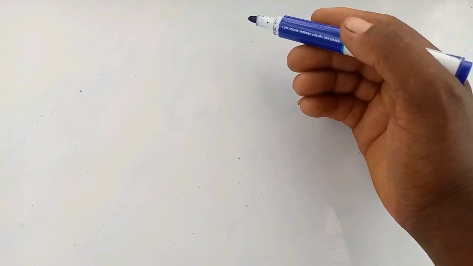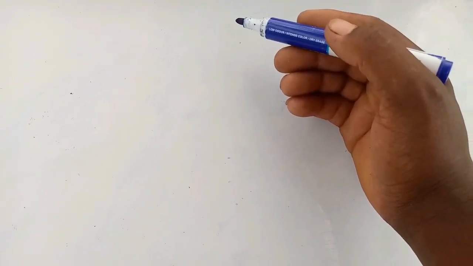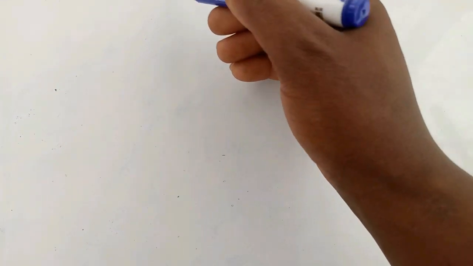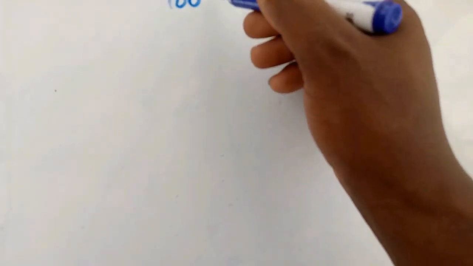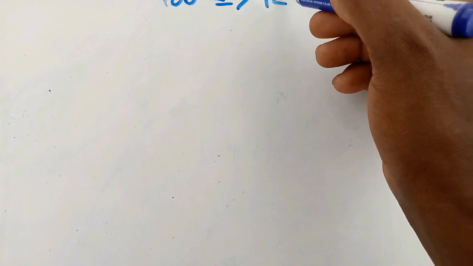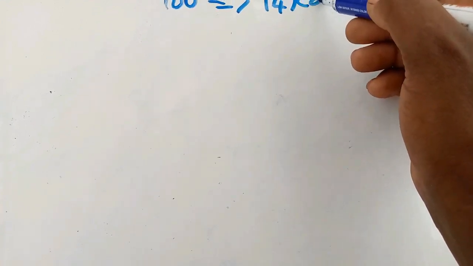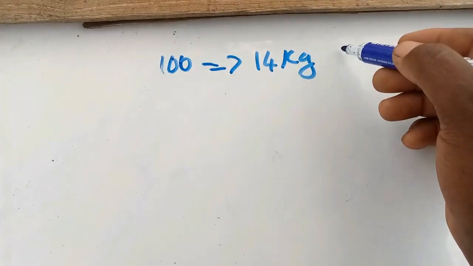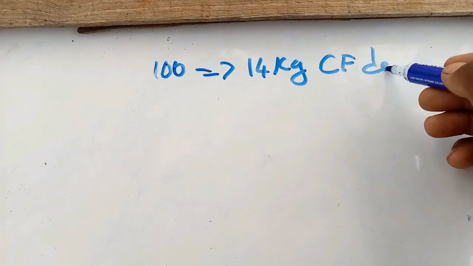So in terms of saving, let us take an example of 100 chicken feeding on 14 kg of commercial feeds daily.